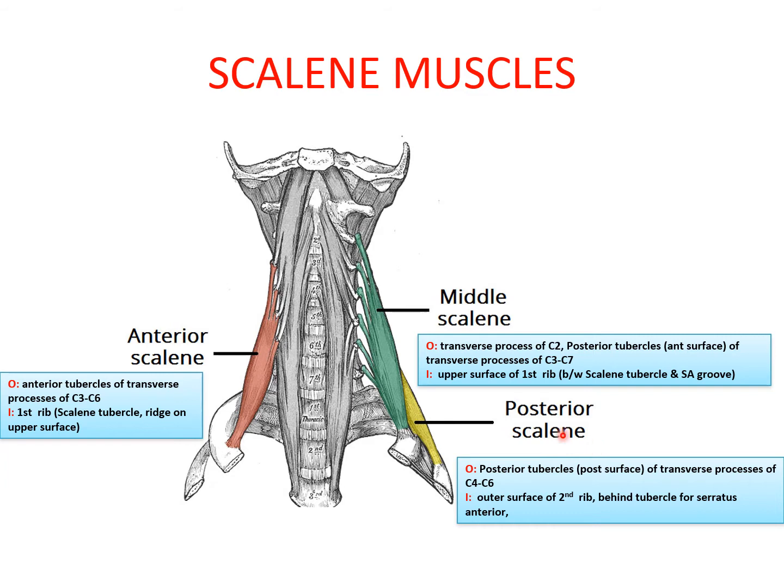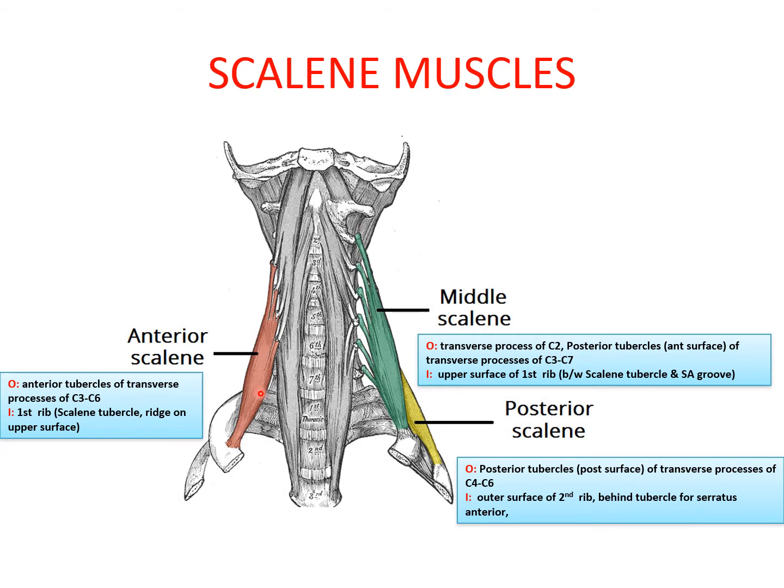These 3 muscles extend from the transverse process of the cervical vertebrae up to the first 2 ribs. The anterior most is the anterior scalene, then there is middle scalene and then there is posterior scalene. On this side we have removed the anterior scalene muscle so that you can see the attachment of the middle scalene muscle. So talking first about the anterior scalene muscle.